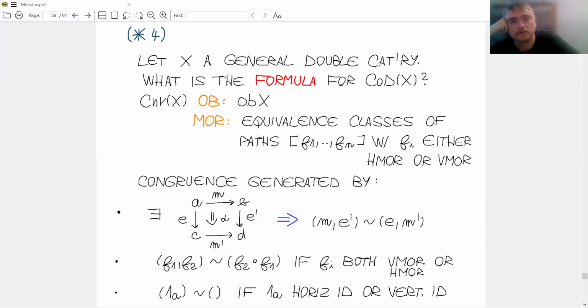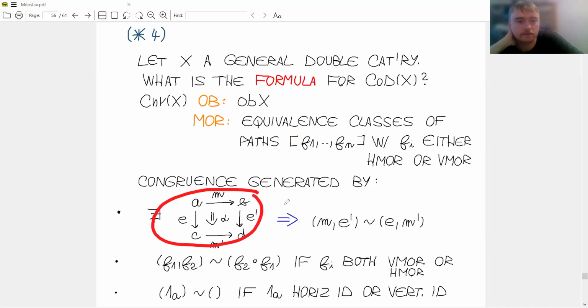So what's the formula for the codescent objects? It's some generalization. Again I denote it a category of corners. The objects are the objects of X, but this time the morphisms are not corners of length 2, but general paths. So it has any finite length, and it's an equivalence. So you take the equivalence relation, and the relation is generated by these rules.